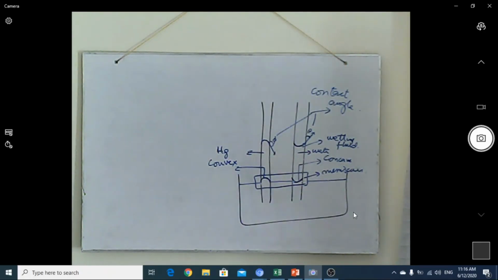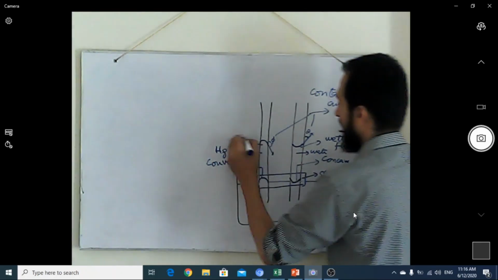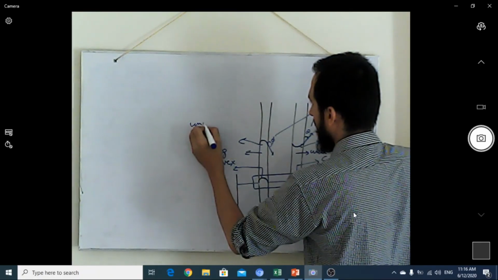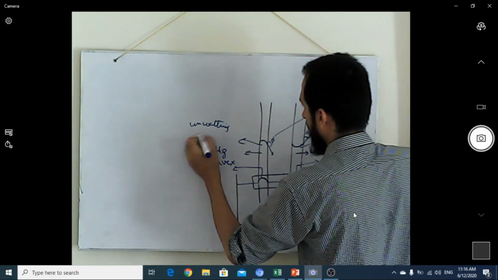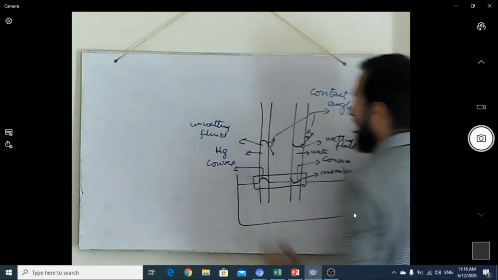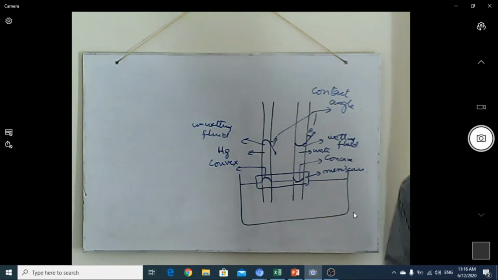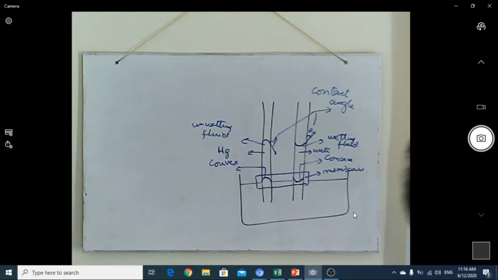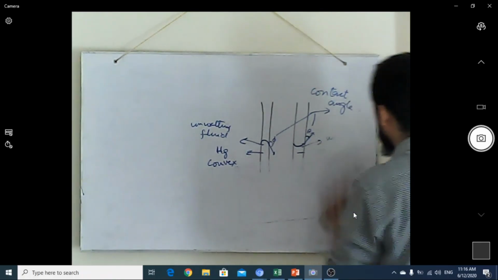On the other hand, mercury has an unwetting property, it is an unwetting fluid. Why? Because it won't attach to the solid wall. It always tries to bind with its own molecules.